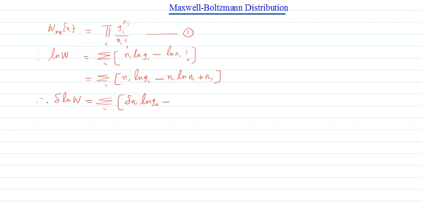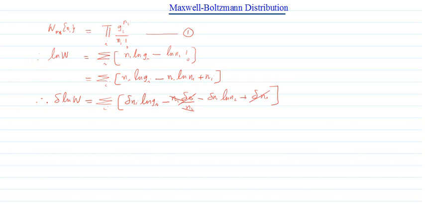Minus, for the second term we have to do both: Ni into delta Ni divided by Ni for the log, minus delta Ni log of Ni, and for the first term it is over, then plus delta Ni. So you know what is going to happen: this Ni and Ni will get cancelled, so minus delta Ni and this plus delta Ni will get cancelled.